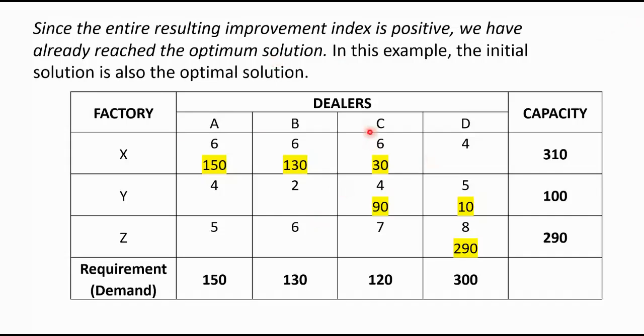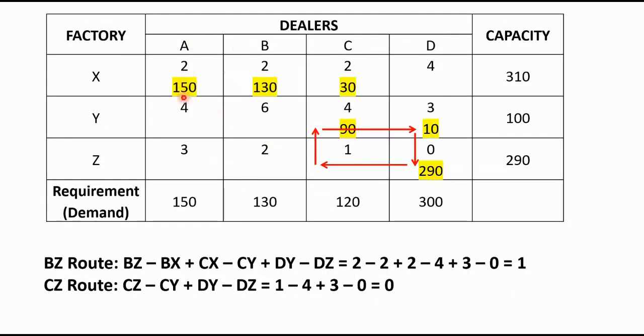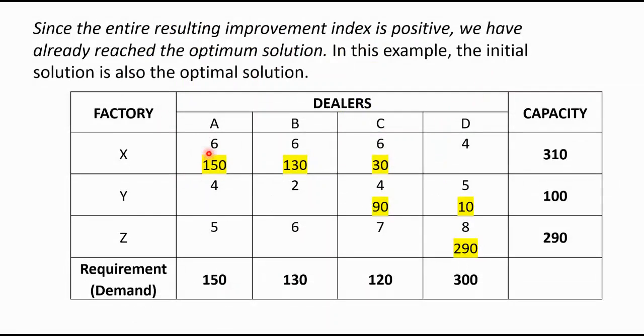So as you have noticed, the table right here, the units have been changed to the original profit. So see the difference. In the previous table, we were using the units that we had deducted when converting from maximization to minimization. Now on the next table, we are using the original unit values right here.